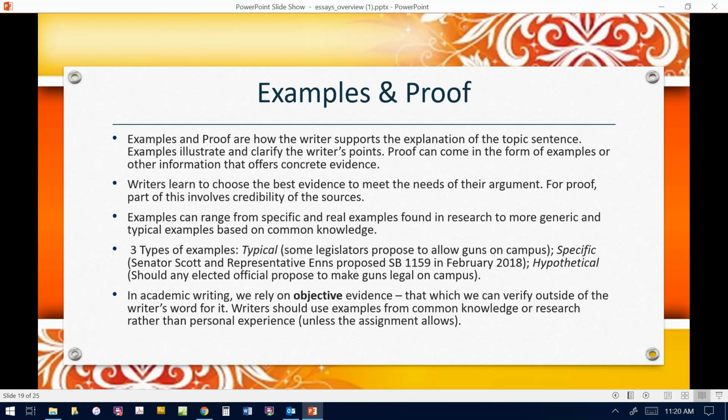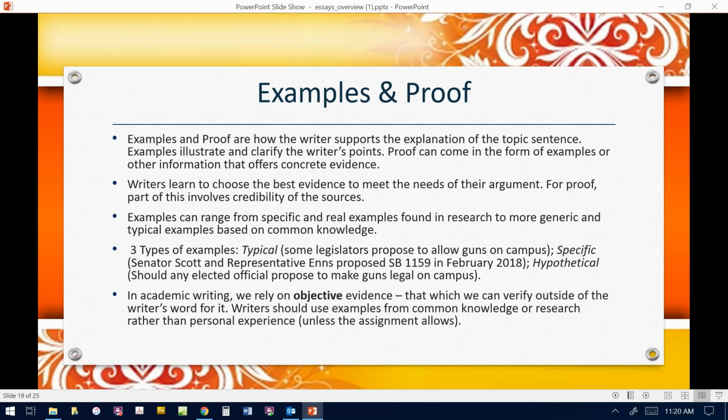For example, any of the recent school shootings: anybody that's watched TV or read a newspaper is aware of those, but even if they weren't, if we invoke Parkland High, people can Google that and find it really easily. So this is an example of common sense, common knowledge kinds of things that we can use as examples.